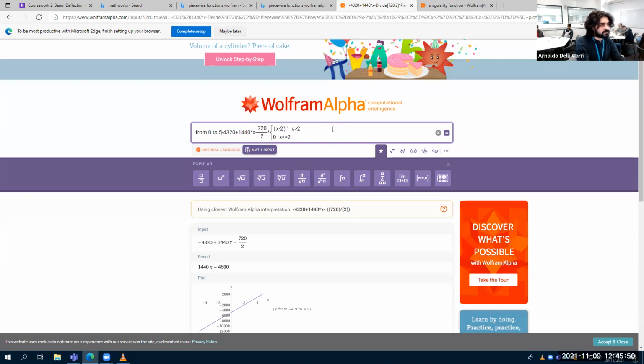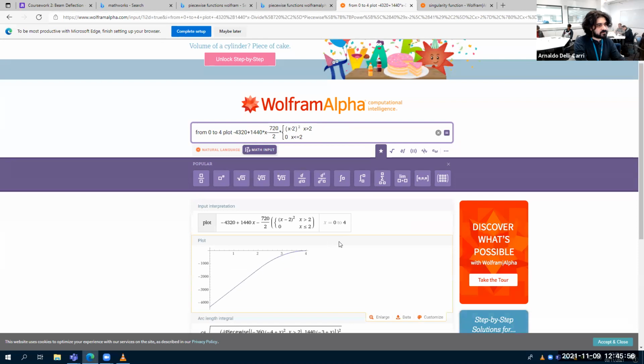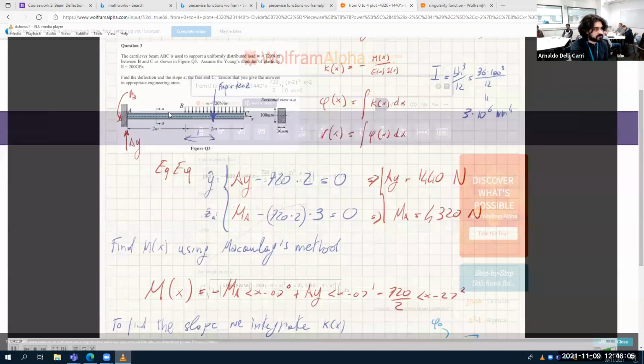Yep. This is the bending moment diagram for this beam.